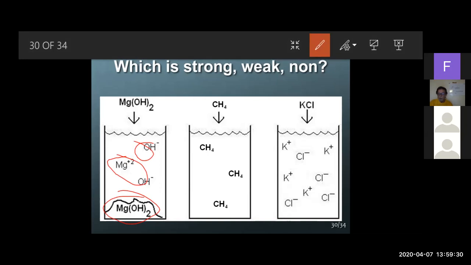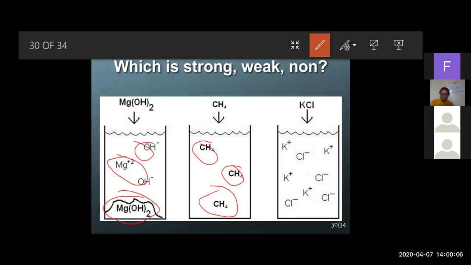Now the one in the middle, by the way, is the formula for methane, CH4. All we see there is carbon and hydrogen, so it's a covalent compound. Being a covalent compound, it's not going to break apart. So that methane gas in the solution is not ionic. It's a non-electrolyte.